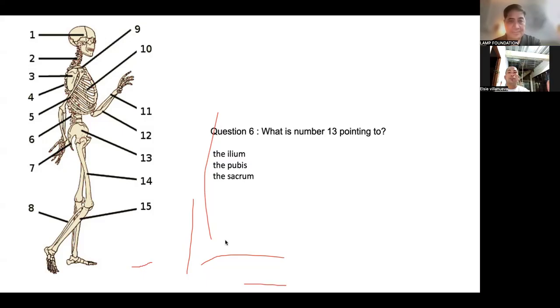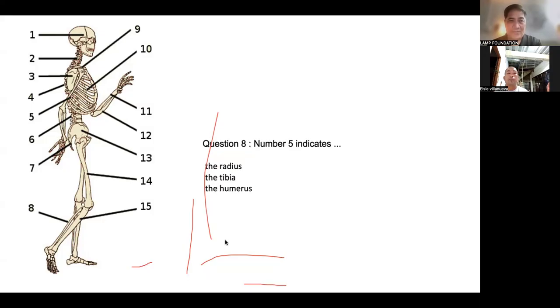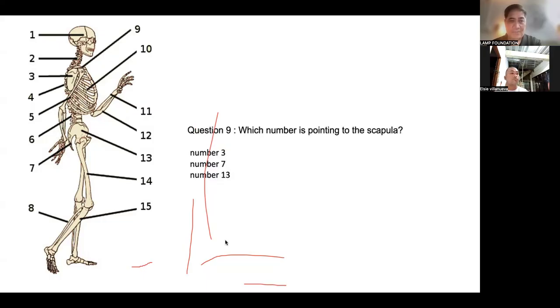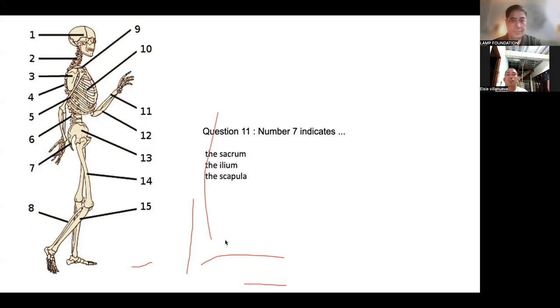The ilium. Skull. Number 1. Number 5, the humerus. Scapula. Number 3, lumbar vertebrae. Number 6. Number 7, the sacrum.